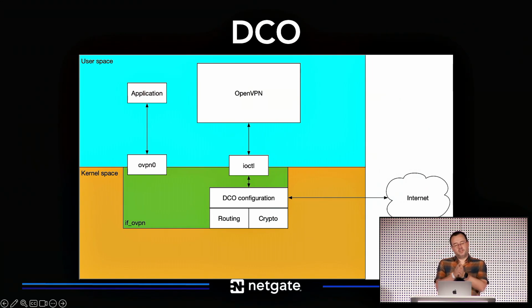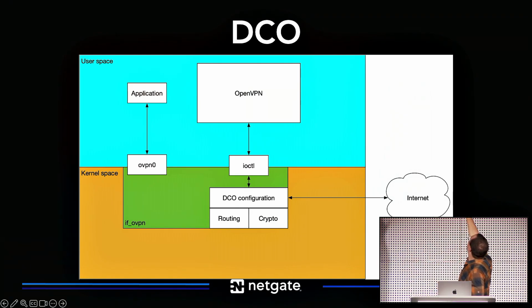But this time, rather than giving this packet back to user space so that OpenVPN can do all of the cryptographic operations, the kernel itself, the ovpn driver, will perform the cryptographic operations. It will encrypt the packet. It will then make a routing decision, or rather, it will make a routing decision and then encrypt the packet. Come back to this. And then hand the encrypted packet over to the network stack, still within the kernel, which will then route it out, presumably over to the internet.